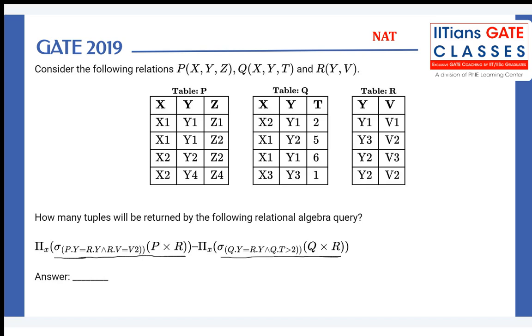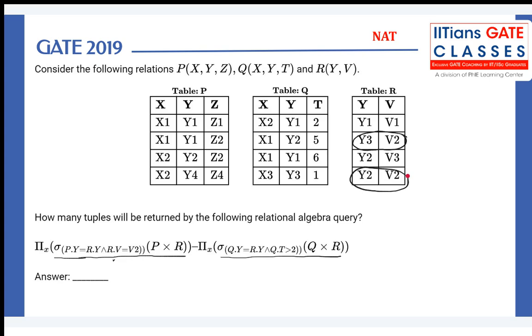Okay, what are the tuples returned by this one? See, when r dot v is v2, that means what? You are only considering two rows, which is this one and this one, right? Everyone clear with this, right?